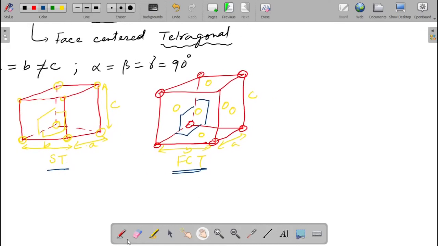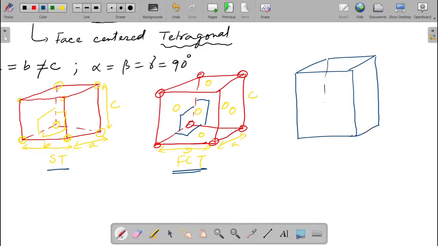The other one that you can get is this: the usual atoms are at the corners, and the angles between the axes are 90 degrees. This is B, which is equal to A, this is C, not the same.